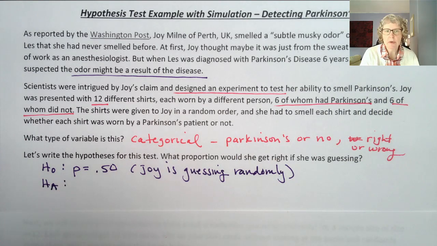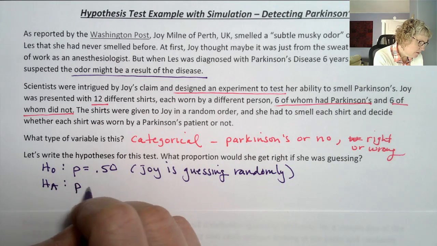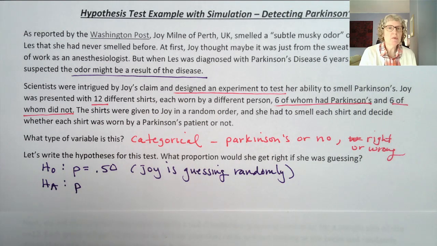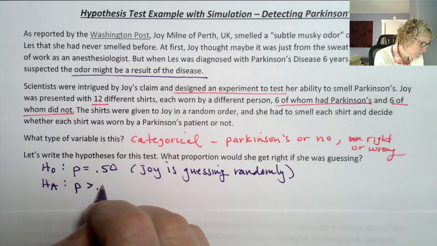The alternate, or HA, is the thing we're trying to show, or the thing we're trying to gather evidence for. If she really could tell the difference, we would expect her to get more correct. Fewer correct would not be evidence of telling the difference. It would have to be significantly more.